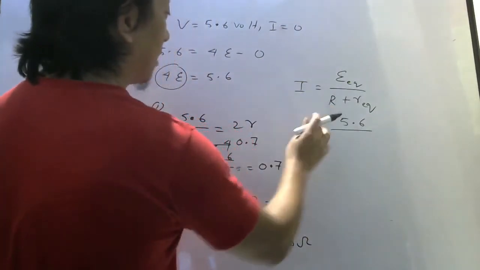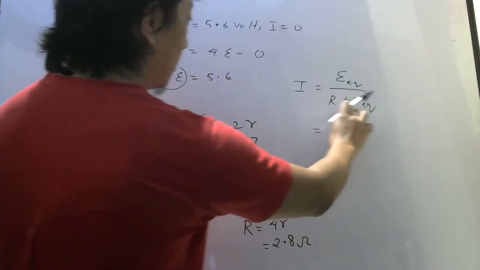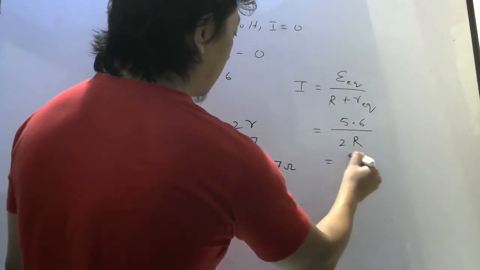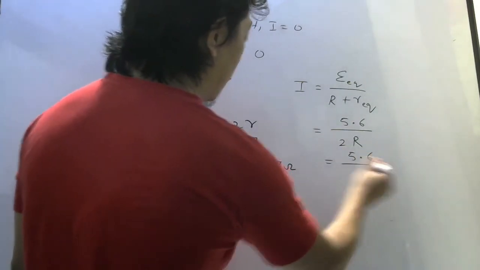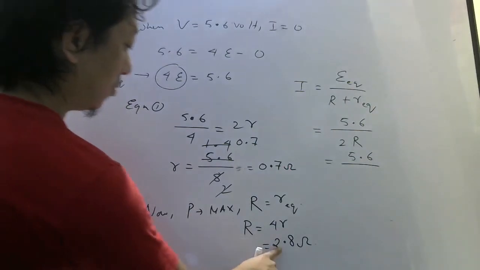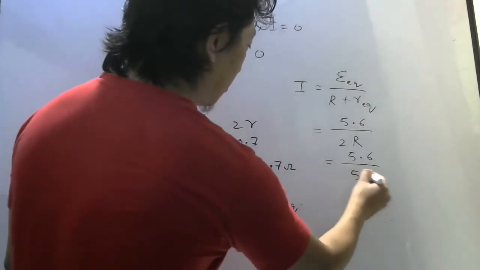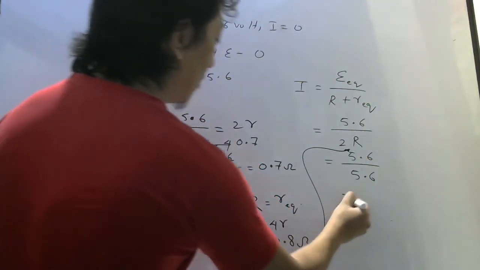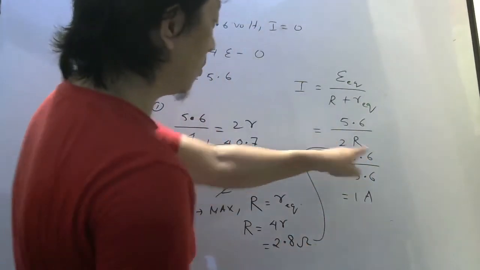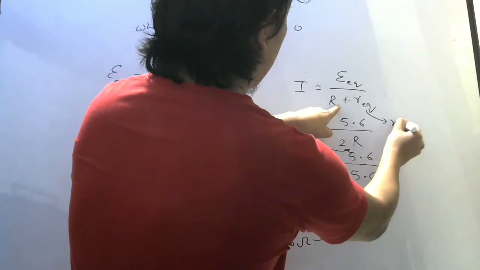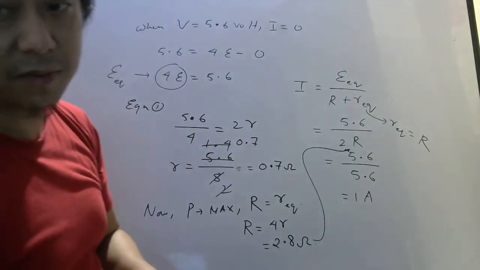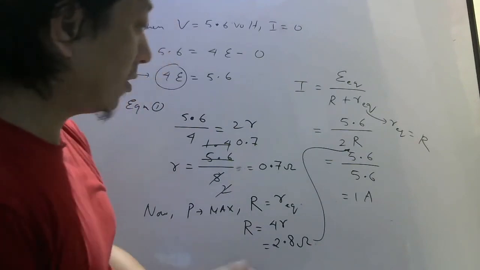And when it will be maximum, when R is same as R equivalent, so I can write directly 2R. So 5.6 divided by 2R means just 2 times this, that will be 5.6 only. Just put the value of capital R here, that will be 1 ampere. Why 2R? Because R equivalent should be equal to capital R when power is maximum. So the current flowing that time is 1 ampere.